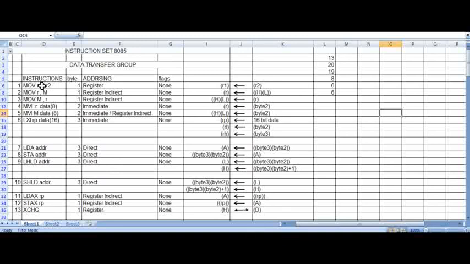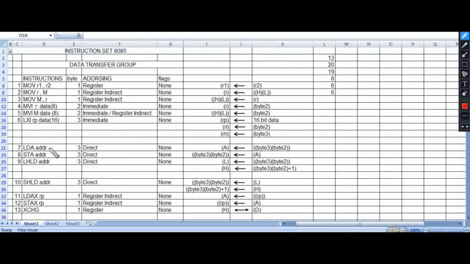Move R2 to R1, register R2 to register R1, then move M to R, from memory to register, from register to memory. The second byte of the instruction is transferred to register R, the second byte of the instruction is transferred to memory. Byte 2 and byte 3 of the instruction are transferred to a register pair.